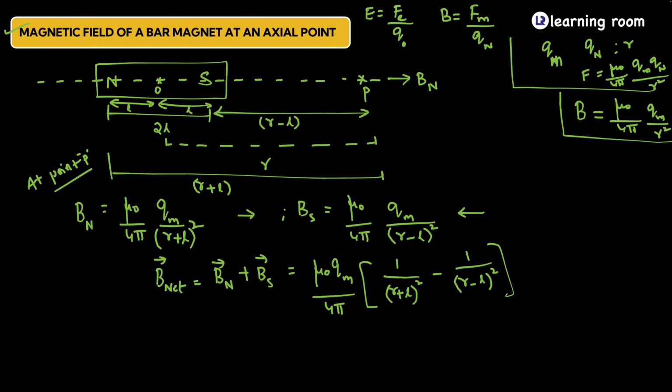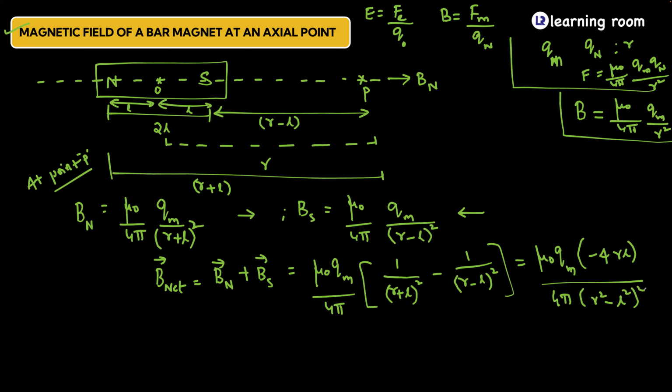Okay. So what you're going to get in the numerator is mu naught into Qm into 4AB, which is R into L, the whole divided by 4 pi into R square minus L square the whole square. So what is R square minus L square? R square minus L square is approximated to R square. So R square the whole square is going to be R power 4.